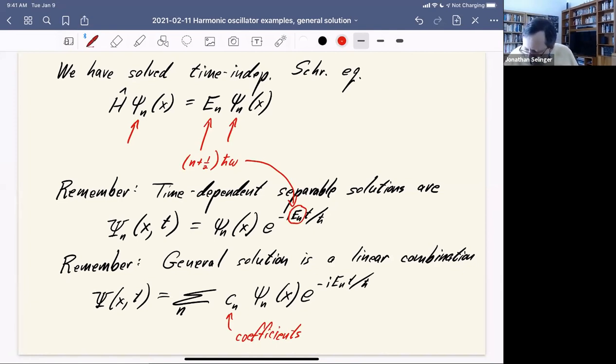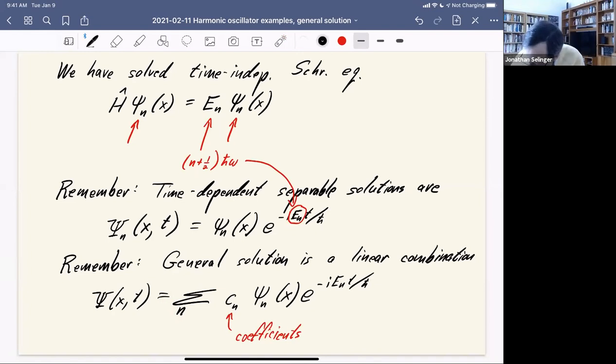And for the sum, we have to say what values of n we are summing over, and it is all the possible values of n. Here is one tiny little difference from the particle in a box, because for the harmonic oscillator, our numbering starts with state number 0. There's a state number 0 and then number 1, number 2, number 3.